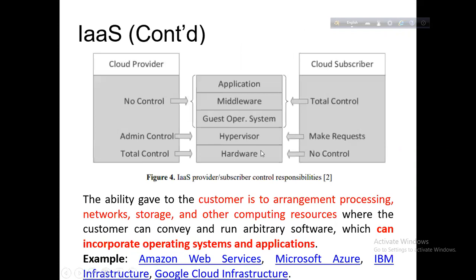Let's look at this model. We have our application, middleware, then the guest operating system, the hypervisor, and hardware. Remember that this hypervisor is helping you to create virtual environments. I don't remember whether I talked about this one.